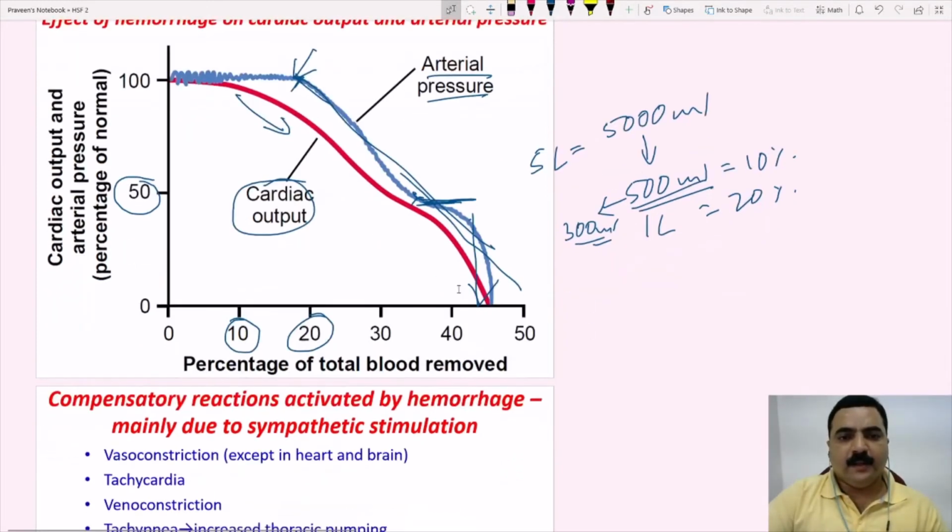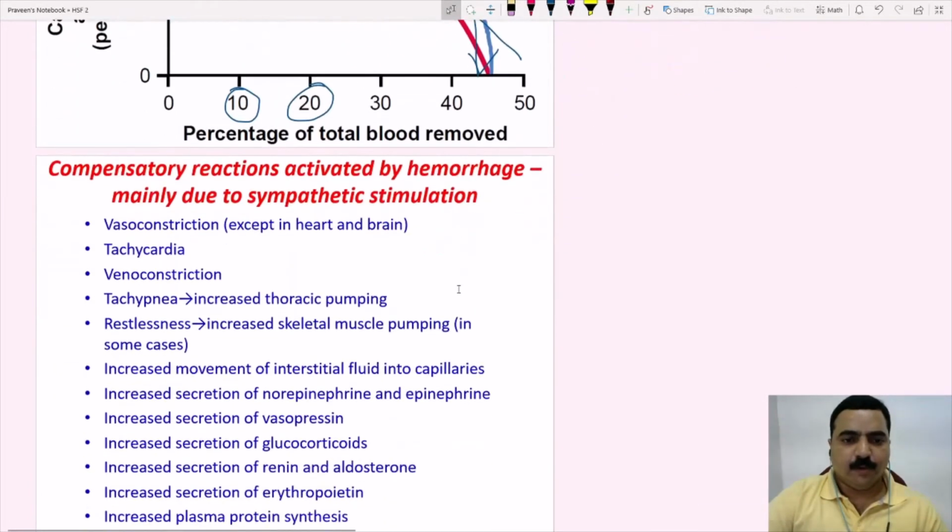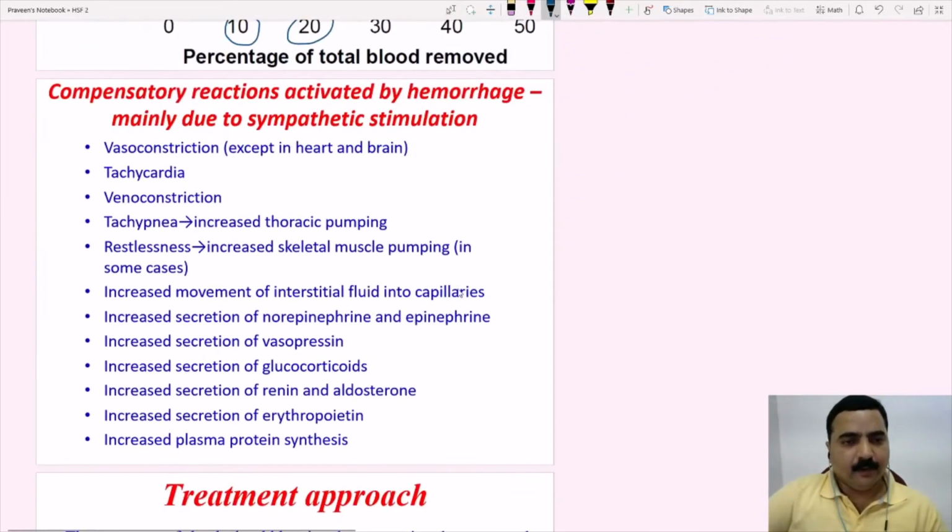Okay, so what are these compensations that maintain the arterial blood pressure and the cardiac output even when blood loss is happening? This includes what we have been studying before: vasoconstriction, tachycardia, venoconstriction, tachypnea, increased respiration. This is also the thoracic pump, which increases the venous return.